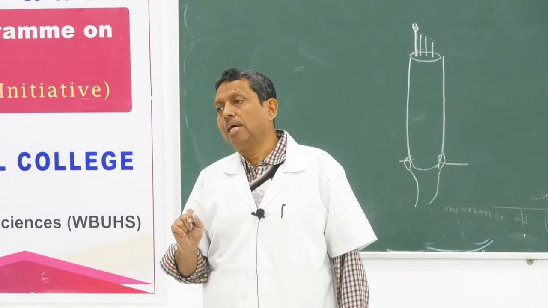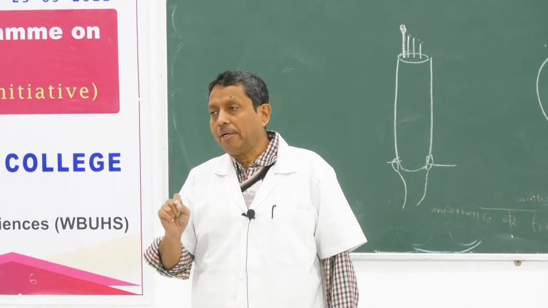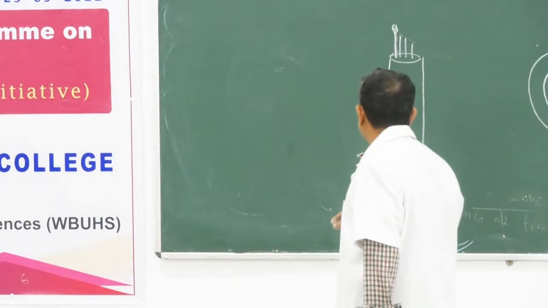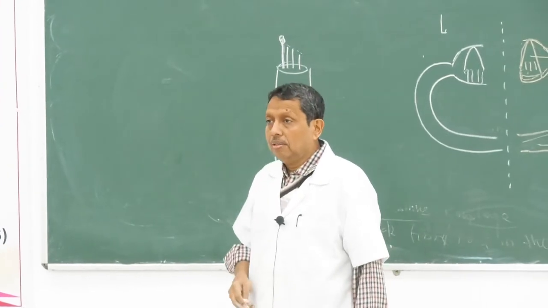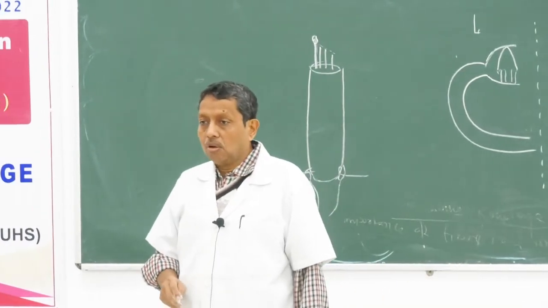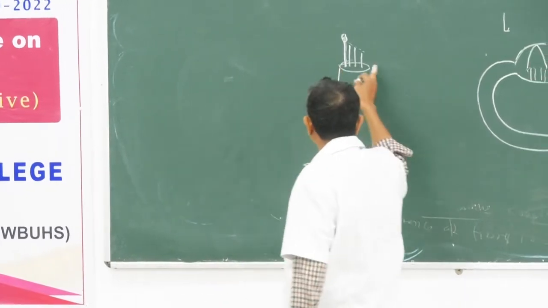This structure is similar to that of cilia elsewhere, though some is different. But this kinocilium is absent in the cochlea.